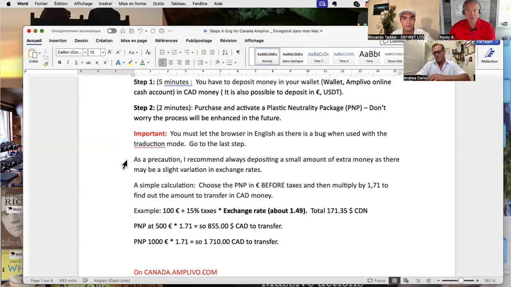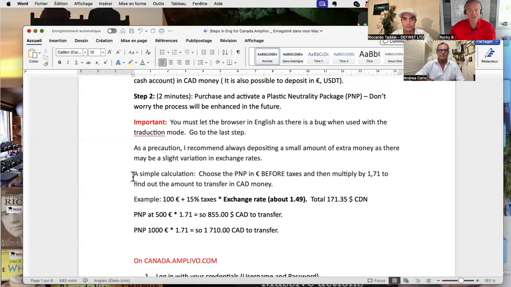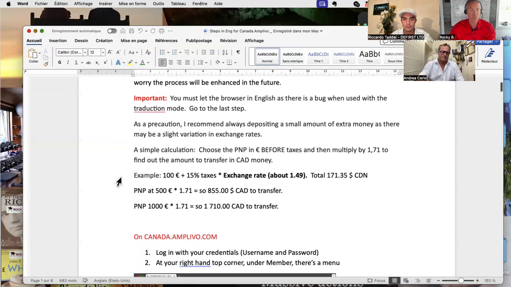As a precaution, I recommend always depositing a small amount of extra money because the exchange rate can vary a little bit. So I ask people to transfer $5 more, whatever. The calculation is pretty simple. When we sell a PNP, a plastic neutral package here, you have to pay 15% of taxes, and after that multiply by the exchange rate.